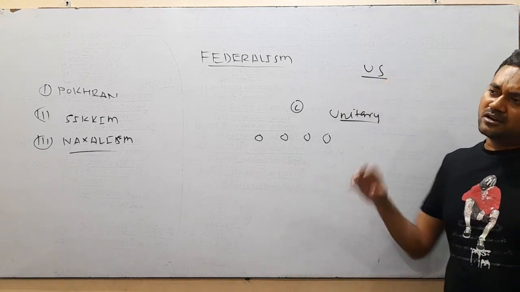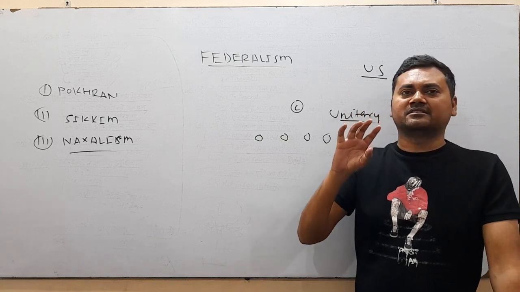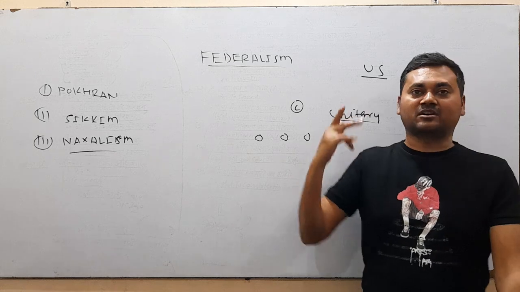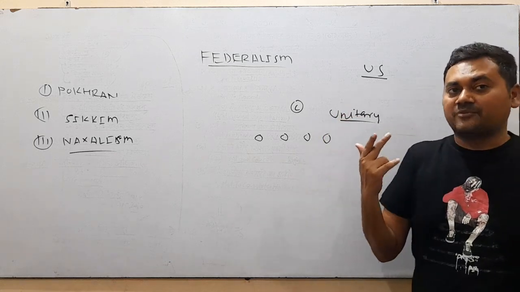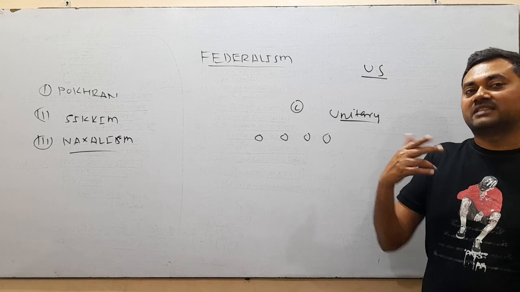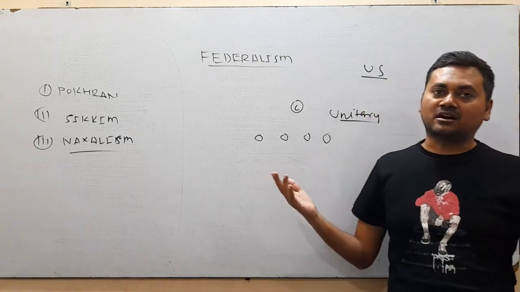Actually, the Constitution of India has divided the power in some ways. For instance, there is the 7th Schedule, which has the state list, the central list, and the concurrent list.